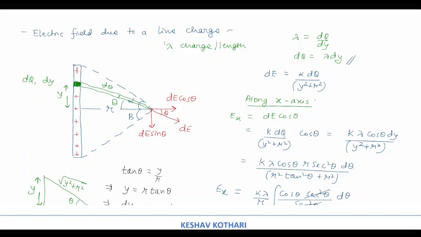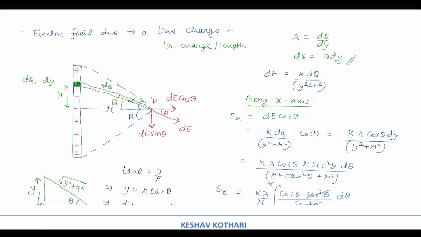If we look at the limit over here, the clockwise is taken as negative and the anti-clockwise is taken as positive. So from this point of observation, that is point P, I can say that alpha is going to be positive but beta is going to be negative, so I'm putting over here minus beta.